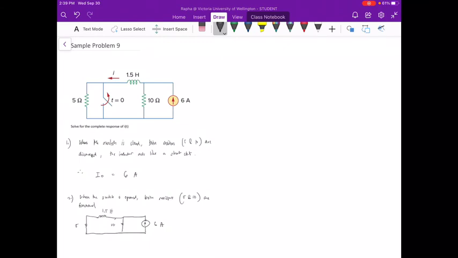So there is something familiar with a current source placed in parallel with our resistors. This can in fact, by source transformation, become a voltage source.